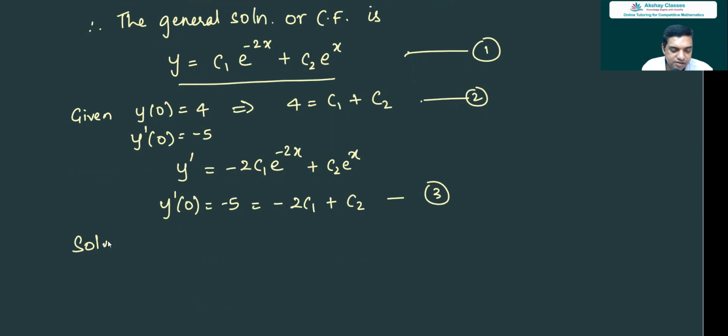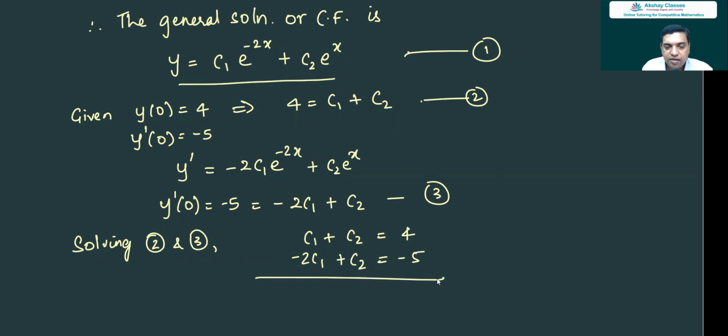So solving 2 and 3, you get C1 plus C2 equal to 4 and minus 2C1 plus C2 is equal to minus 5. When we subtract, we get 3C1 plus 0C2 is equal to 9, which implies C1 is equal to 3.